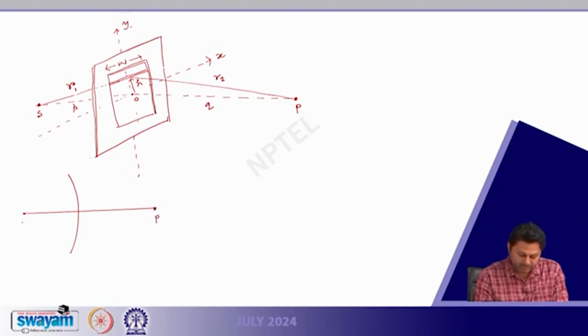From here to here we have R1, and from here to here we have R2 say, and this is the height, which is H, this point is O. From here to here this is P, and from here to here this is Q.